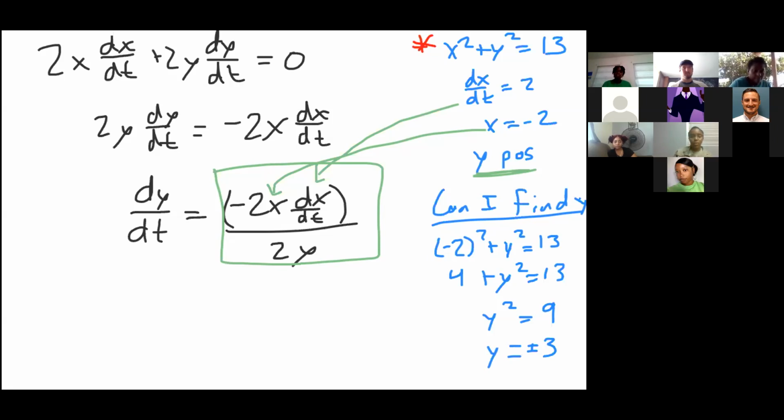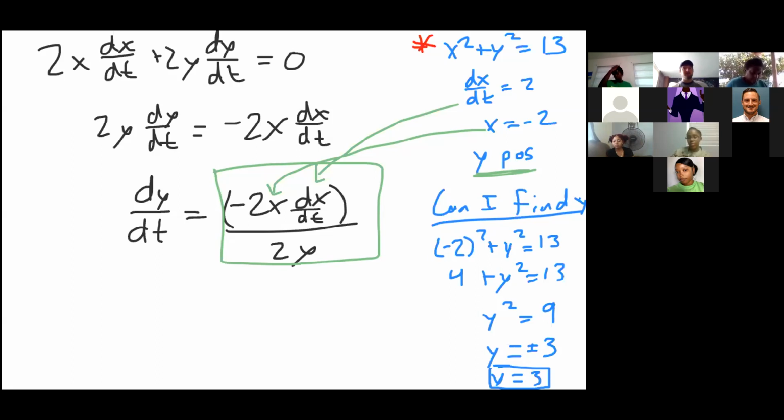The positive, +3, because we were told in the problem that y has got to be positive. So y is +3. That was the last thing we needed to solve for, but it was given to us by the initial equation.